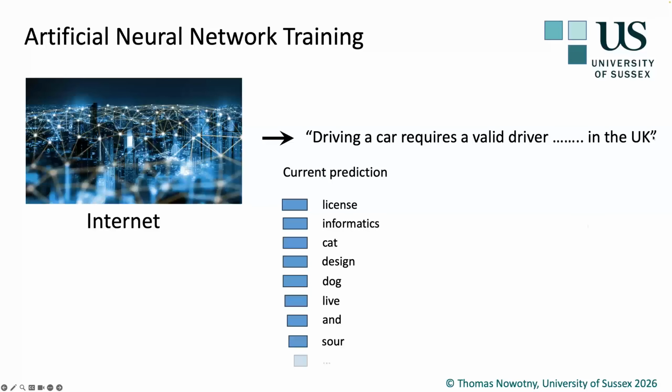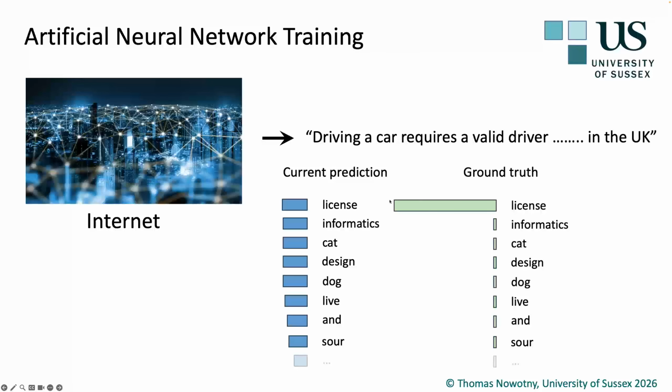Yeah, so for example: driving a car requires a valid driver in the UK. Now you might guess what belongs here. Well, it's driver license, right? That's a sentence you would find on the internet, and it's for sure part of the training data of any modern AI. So then for these output options here, you would want that license is the ground truth, right?